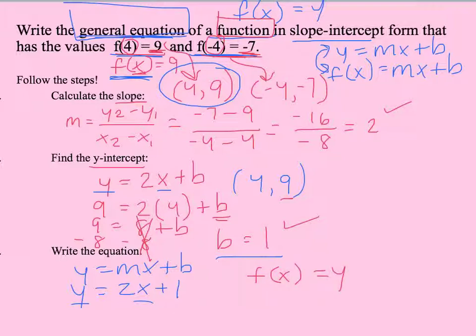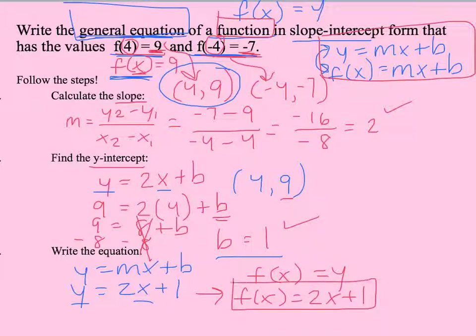So instead of having y equals 2x plus 1, we're going to say f of x is equal to 2x plus 1. So now we have slope-intercept form written as a function. So this right here would be your final answer.